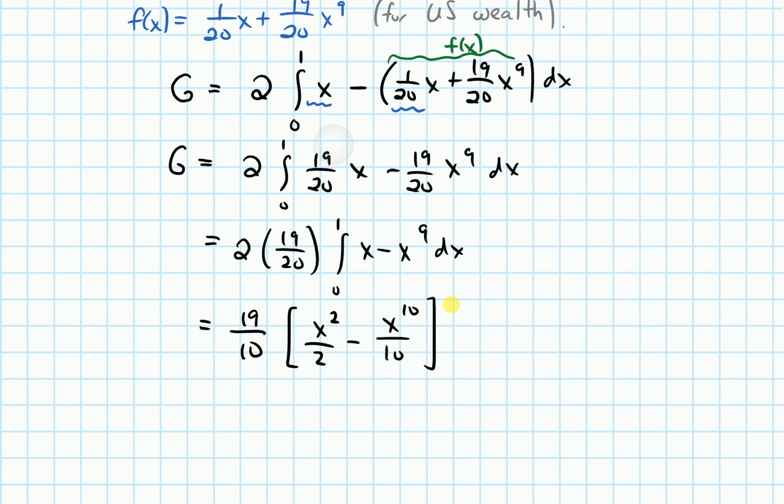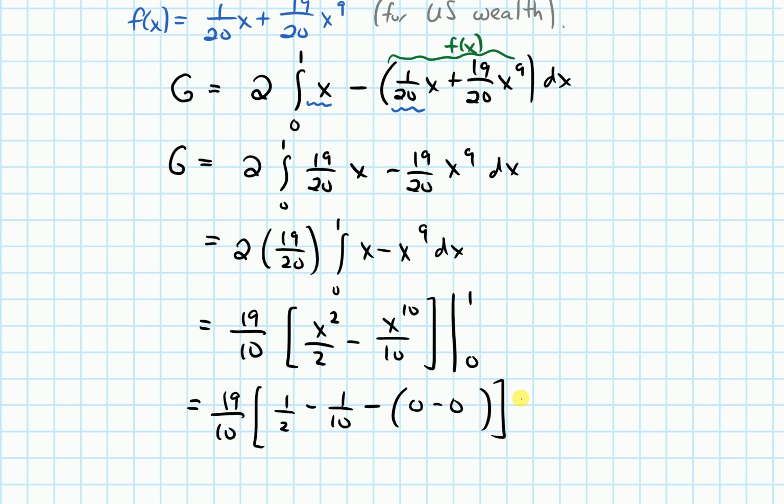And then I need to plug in 1 and 0 into this. The 19 over 10 stays factored out, and that's going to end up multiplying. Now when I plug in 1, I get 1/2 minus 1/10, minus what I get when you plug in 0. And if you plug 0 into both of these terms, you'll get 0. So we'll have 0 and then minus 0.